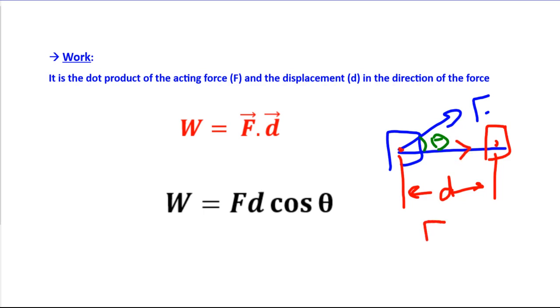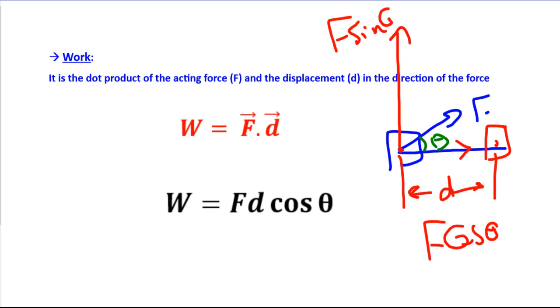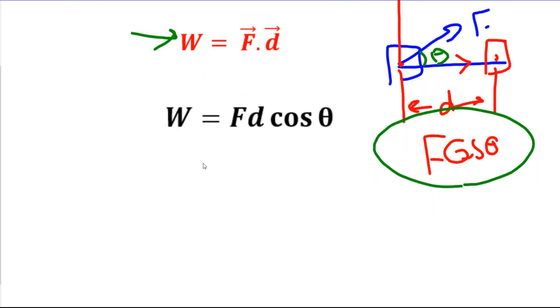Here this component is F cosine theta, and this component is F sine theta. We're interested in the horizontal component, because it is in the direction of displacement. So work is F dot d, which equals F d cosine theta.